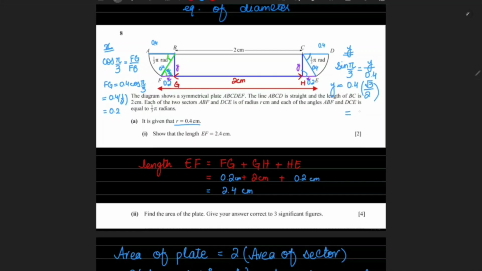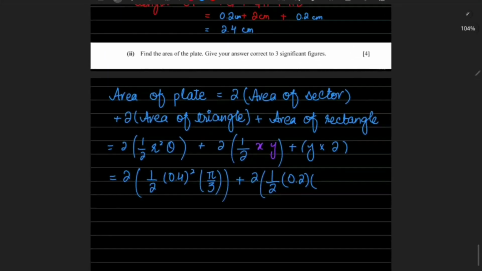4 times, it will become root 3 over 5, when you simplify it. So y is root 3 over 5. So root 3 over 5 plus root 3 over 5 times 2.